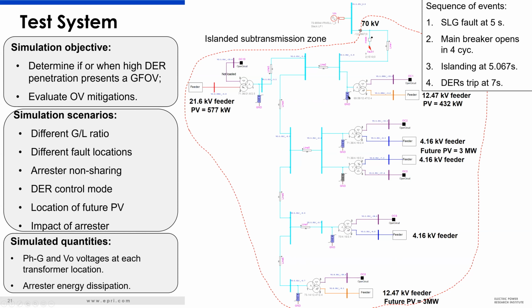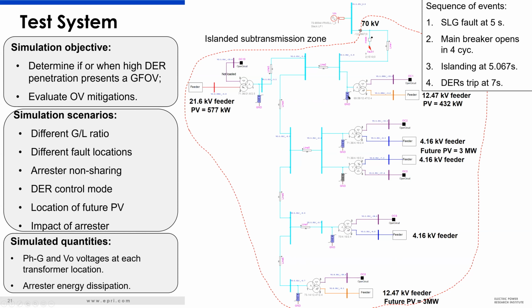And it shows that the increased voltage on the high side of the transformer is sufficiently large to be detected by transformer protection. For example, if we properly set the transformer 59P phase overvoltage protection, then it could trip on this overvoltage, and this could be a mitigation for overvoltage.